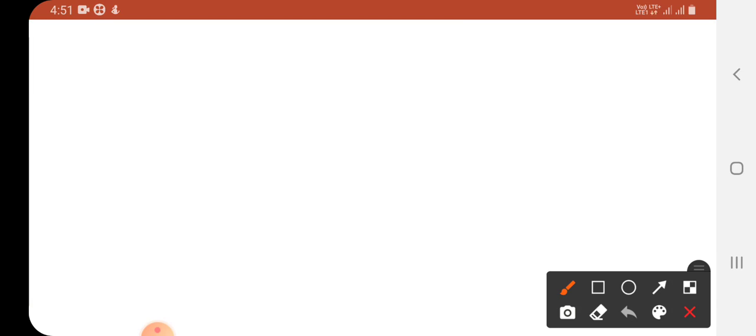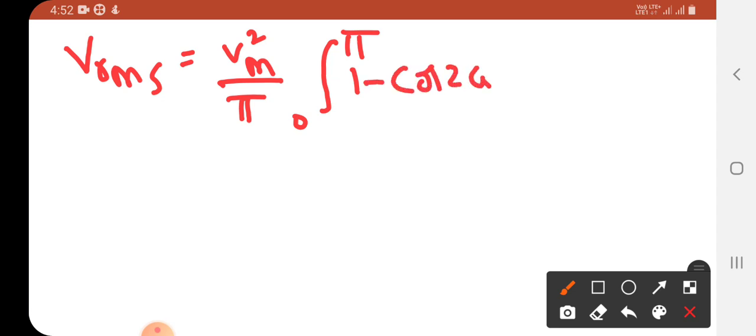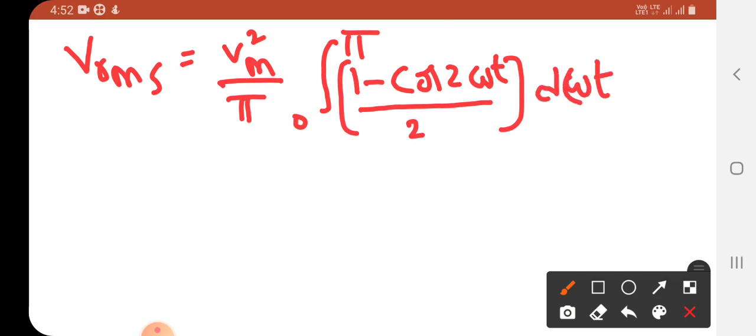Therefore VRMS is equal to Vm square by pi integral 0 to pi 1 minus cos 2 omega t by 2 d of omega t, whole power half.